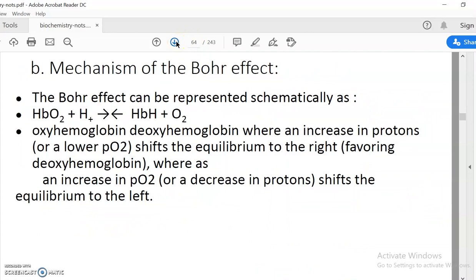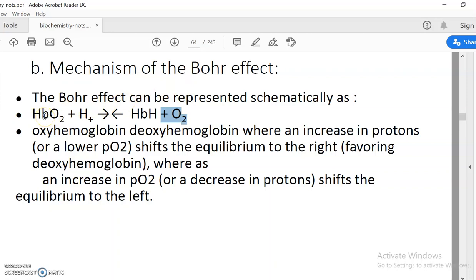Mechanism of the Bohr effect. According to the equilibrium reaction here, by increasing hydronium ion or decreasing oxygen pressure, the reaction will go forward. Then oxygen is unloaded. But by decreasing H positive, meaning increasing pH, or increasing oxygen concentration or oxygen pressure, the reaction will be reversed.